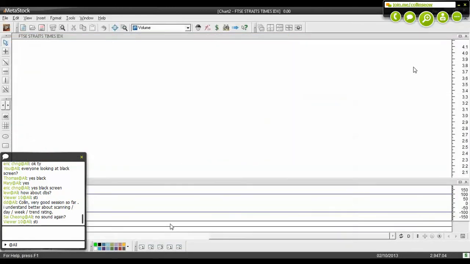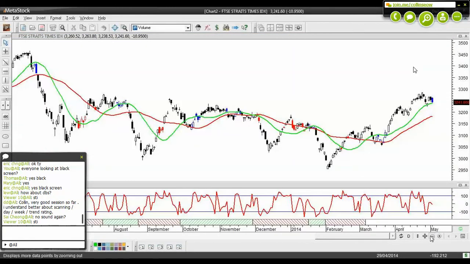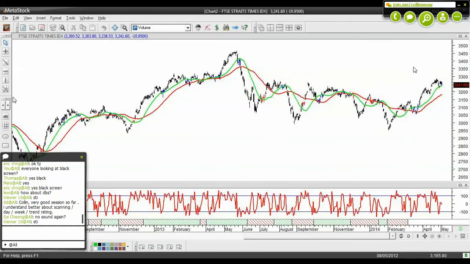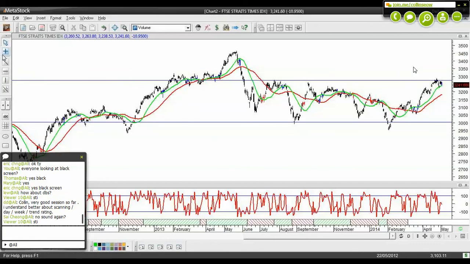So STI right now is turning from previously downtrend into uptrend. Okay. So right now we have the resistance which is here, and the support which is here, and the trend line.